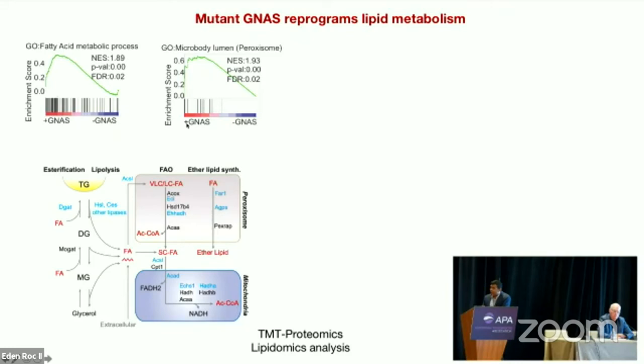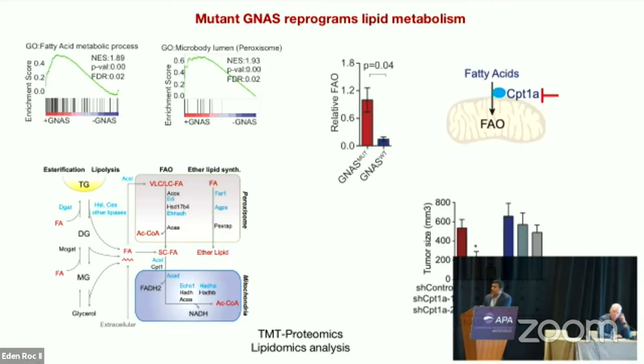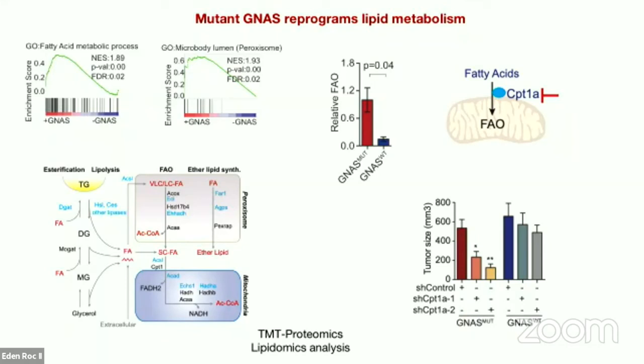Again, summarizing everything in one slide, we did multiple functional analyses, and we found that mutant GNAS tumors have a high fatty acid oxidation. And if you inhibit fatty acid oxidation by inhibiting CPT1A, genetically or with a small molecule inhibitor of this pathway, you can dramatically reduce the growth of GNAS mutant tumors, but not GNAS wild type tumors, suggesting that mutant GNAS driven fatty acid oxidation is important for the growth of this genetic subtype of tumors.